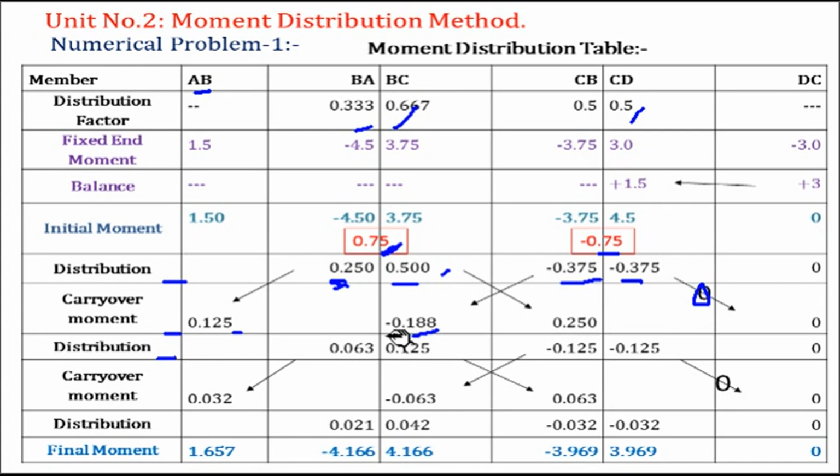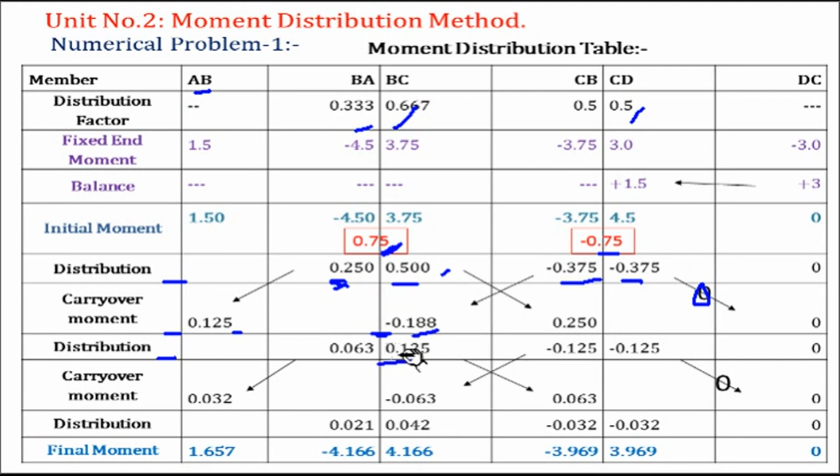So unbalanced moment is minus 0.188 into distribution factor 0.667. It becomes 0.125. Now here minus sign is there, so you have to take positive sign because this is a moment.